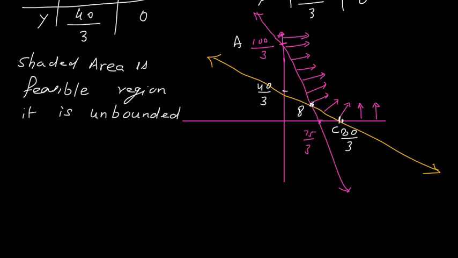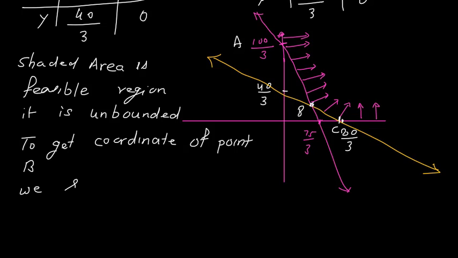Now I have to find the coordinate of point B. So to get the coordinate of point B, we solve 2 equations.